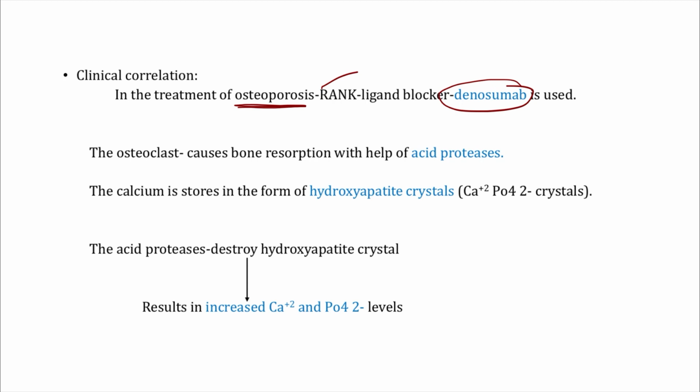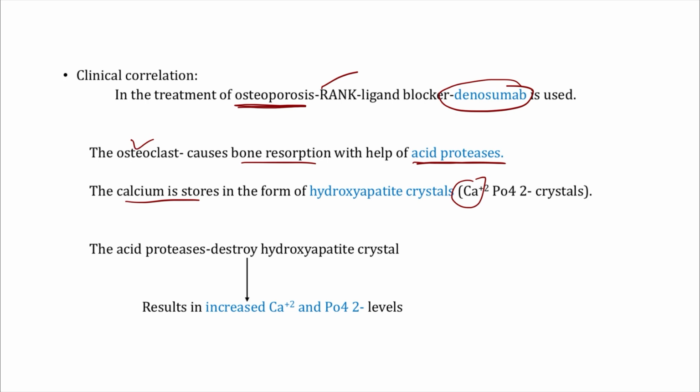Very important. Now see, sir, we know that our osteoclast cells cause bone resorption. How, sir? With the help of a very important enzyme, acid proteases. By using this enzyme, osteoclast cells cause bone resorption. Now, calcium never stores alone.